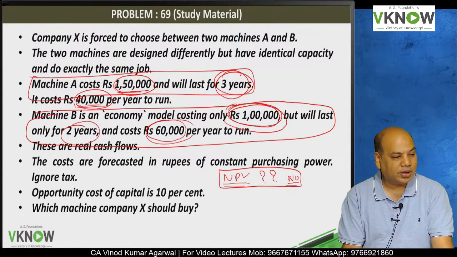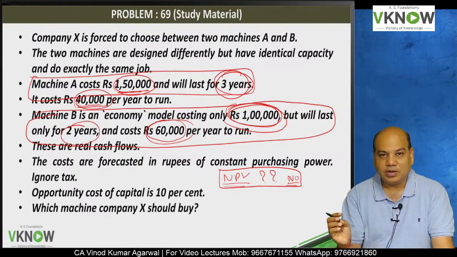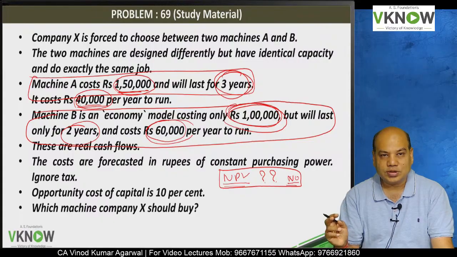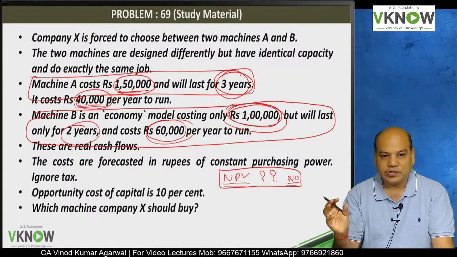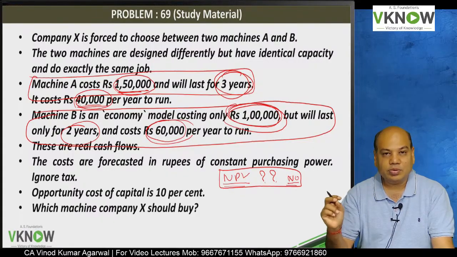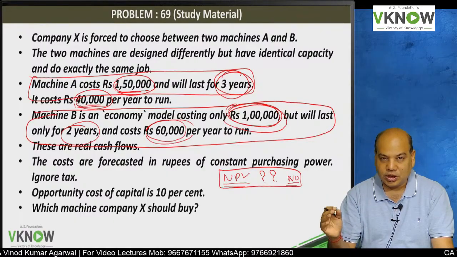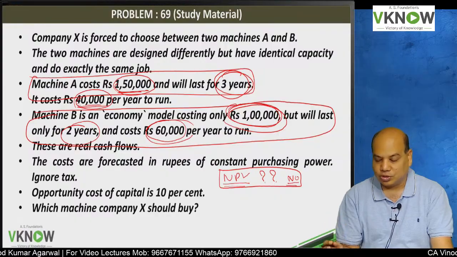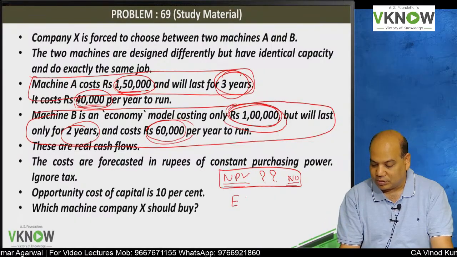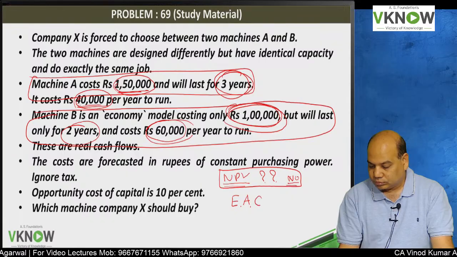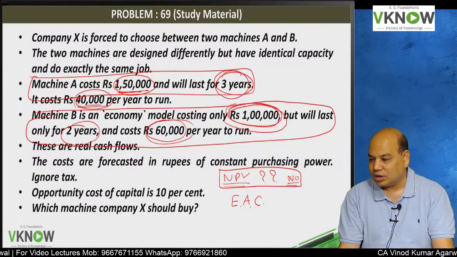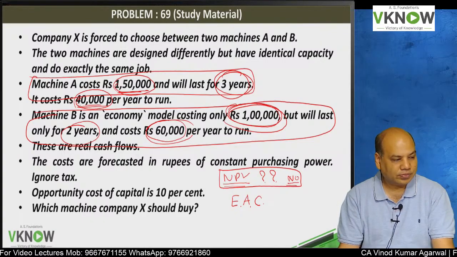So how can you compare them? By comparing present value, you are not doing justice. Machine A can be used for 3 years, B can be used for 2 years. To make them comparable, we will calculate what is called equivalent annualized cost.